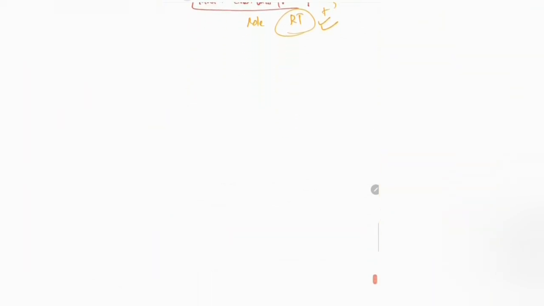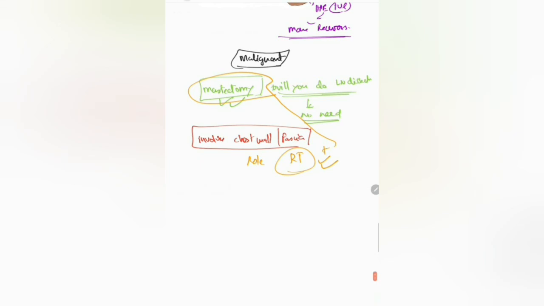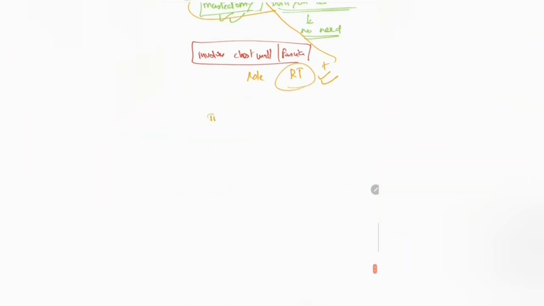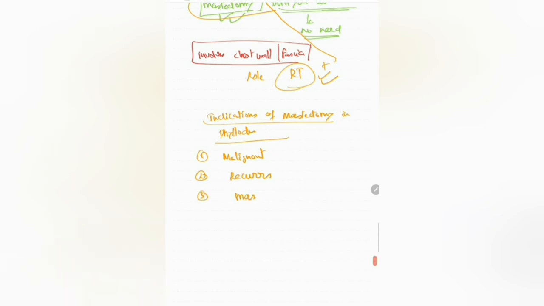So, what are the indications of mastectomy in phyllodes? One, it is a malignant change. Two, if it recurs. And if it is a very massive tumor, you can do a mastectomy.